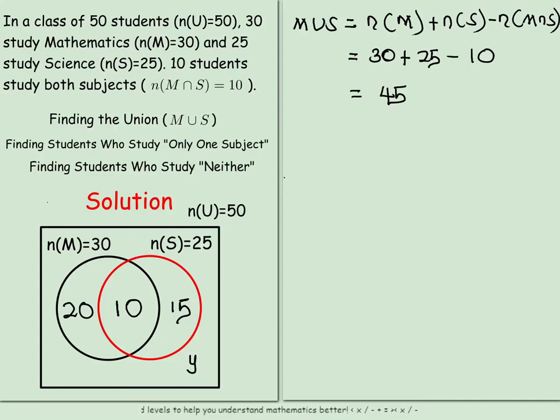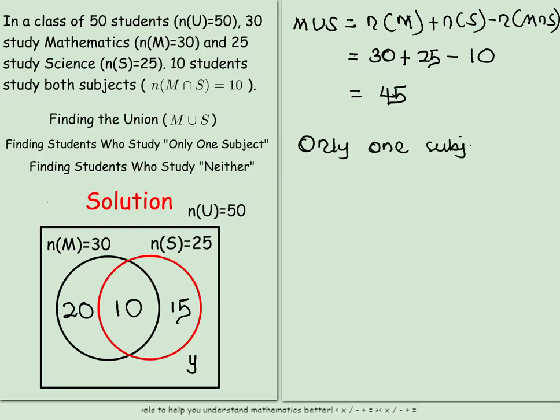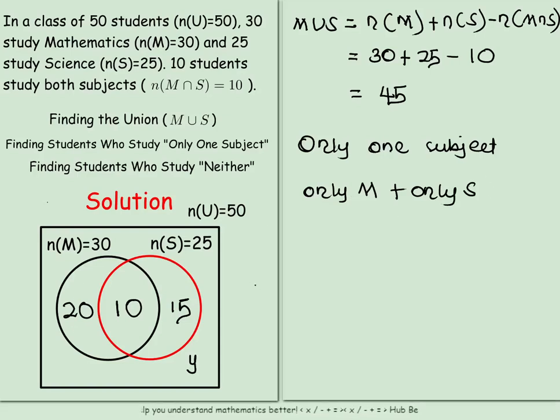So if you want only one subject, then that is going to be what? Only science and then only maths. You see, so only maths and only science. And only maths was 20.